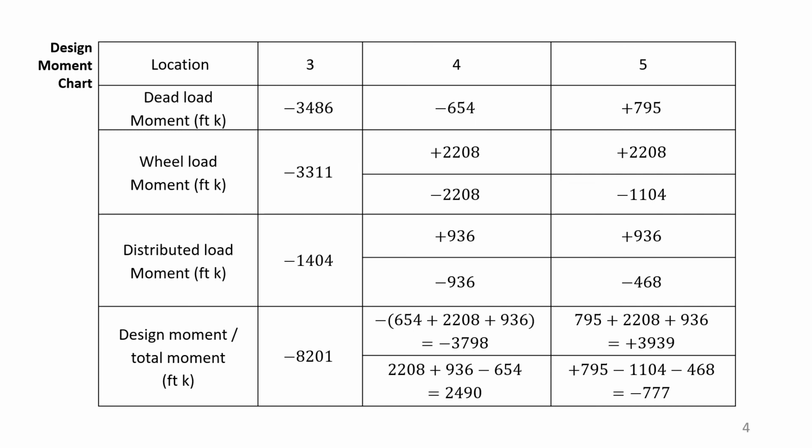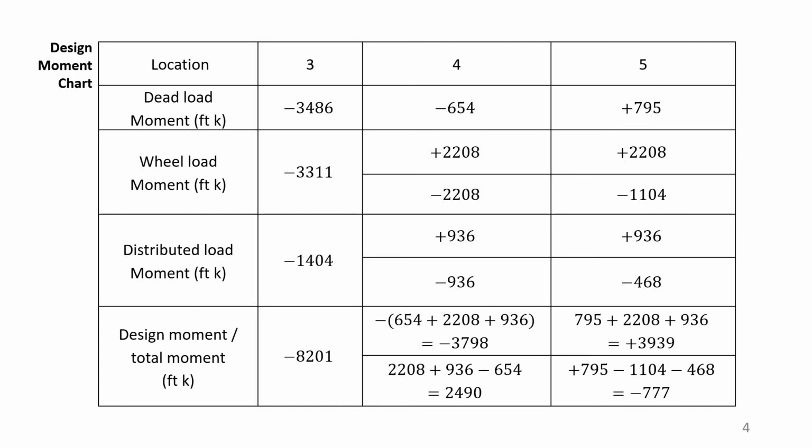For point 5 also there is a positive moment for dead load, and there is a negative and positive moment for wheel load. In one case the positive moment is 2208 and negative moment is 1104. In the other case it is 936 and 468. In this case this 795 kip feet positive moment will always be there, whether there is wheel load or not, whether there is live load or not.